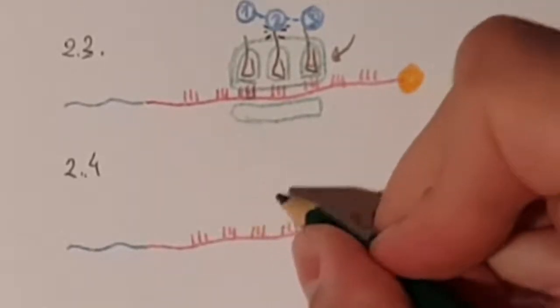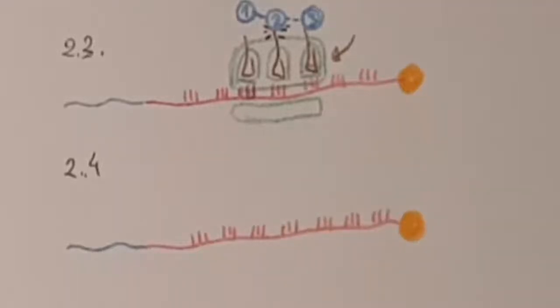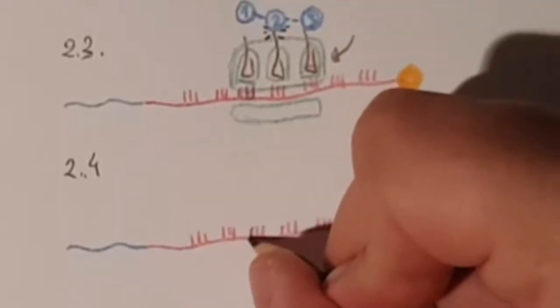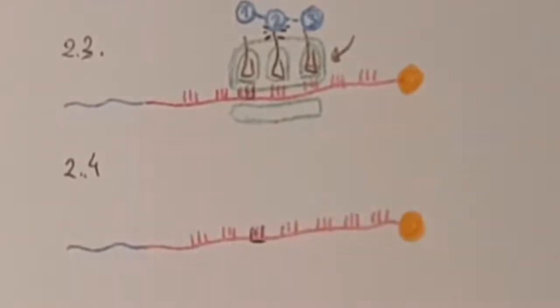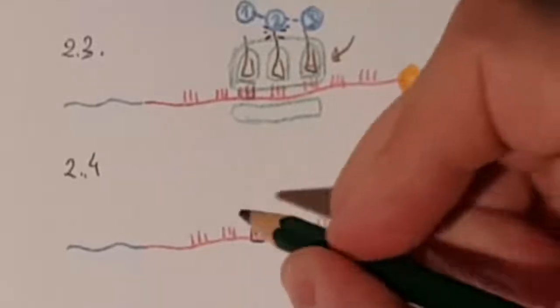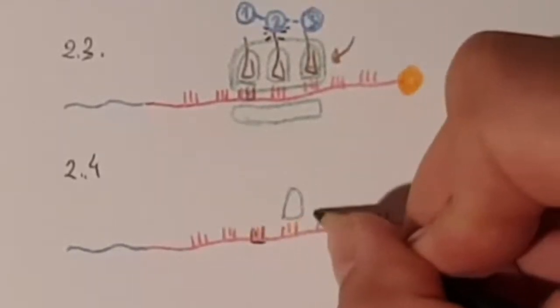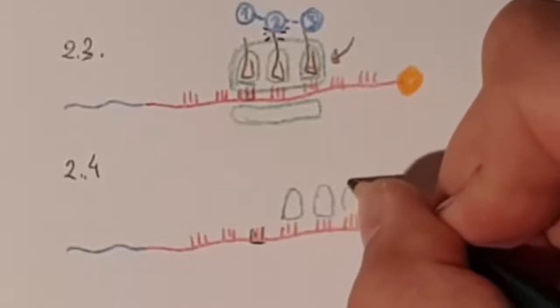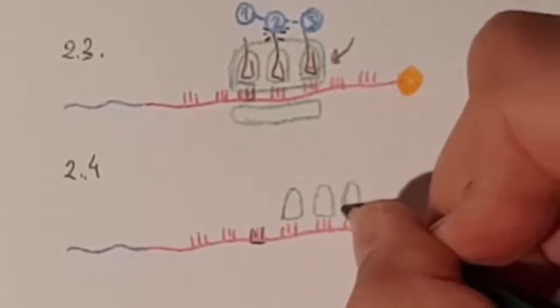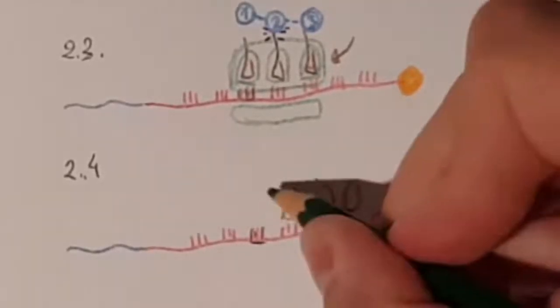Then you see what is going to happen. As usual, I need to highlight the start codon so we don't lose sight of this. A site.